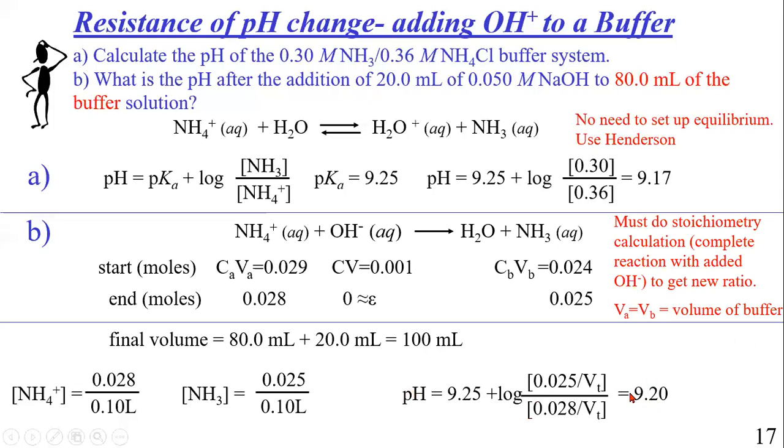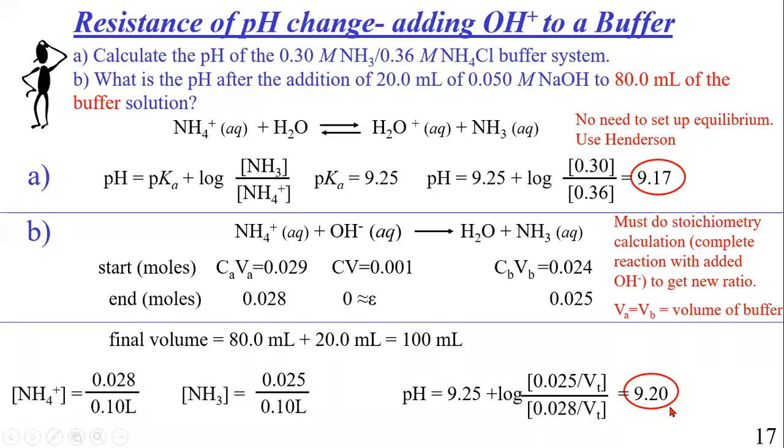What is the final pH of my new solution after neutralization of OH minus? It is 9.2. Well, look at the pH. Before I added any OH minus, my pH was 9.17. After I added OH minus, my pH is 9.2.